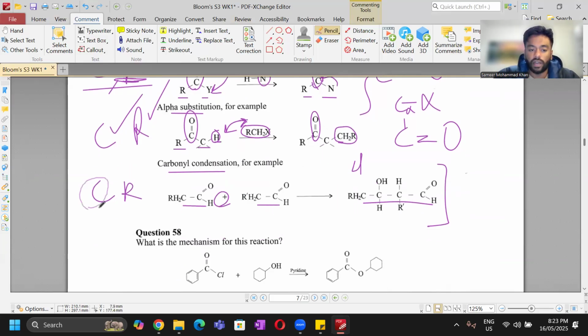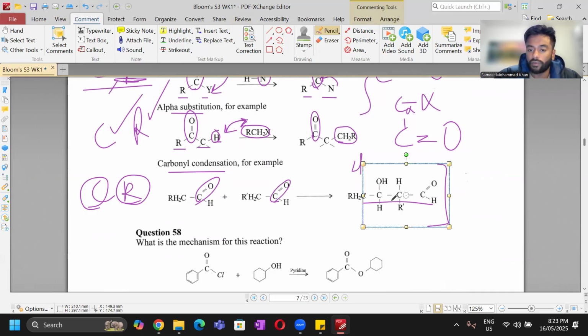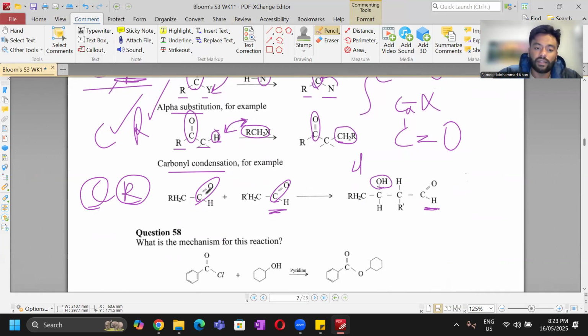If you were to do the CNR analysis, this is how the carbonyl condensation would look. Here's your central carbon, for instance. Here's another central carbon. And in the products, you only have one central carbon. So let's say that this central carbon, the same as this one, is untouched. So this central carbon must have transformed into this OH, meaning that there must have been some kind of addition reaction that takes place here.